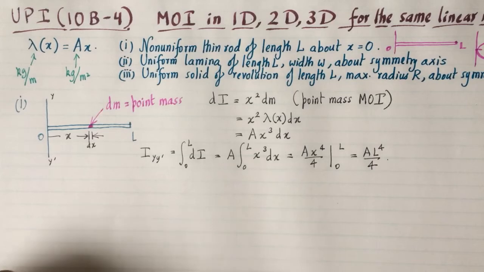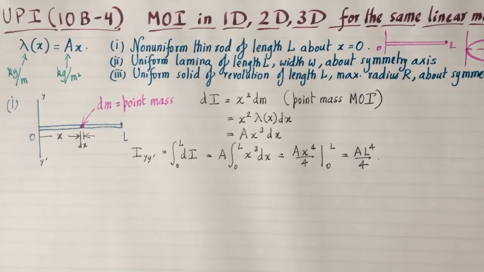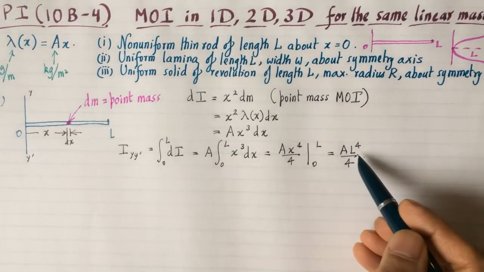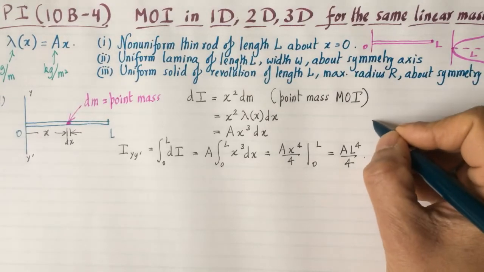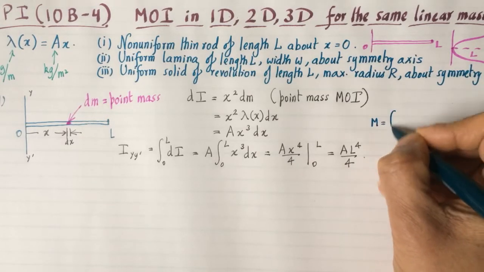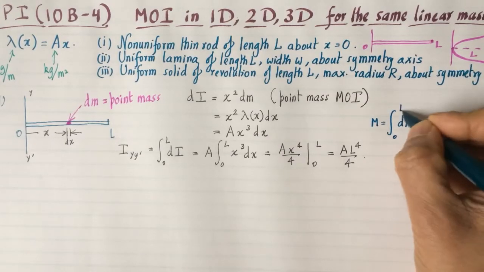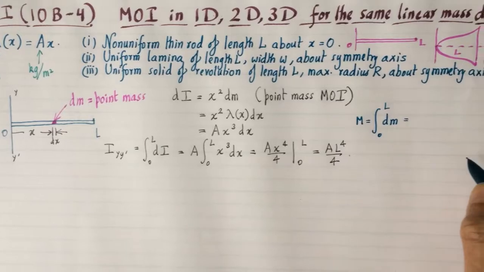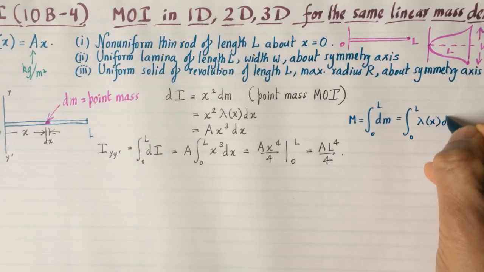Now separately, I would also like to find the mass of the object, because I don't want to express it in terms of quantities like A, and L to the 4 somehow looks odd. So let's find the mass. The mass is given by simply integrating dm itself from 0 to L. The integral of dm is the integral of lambda of x dx.